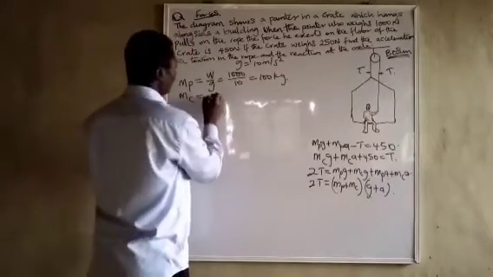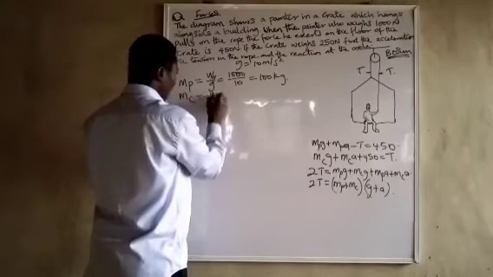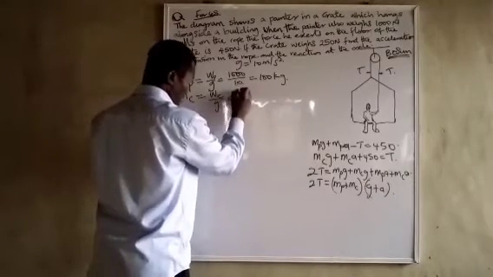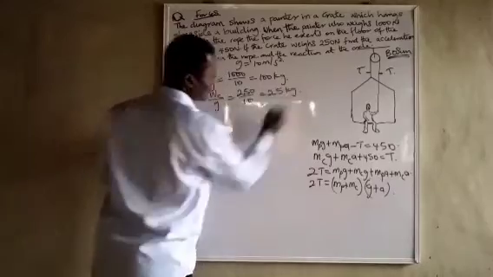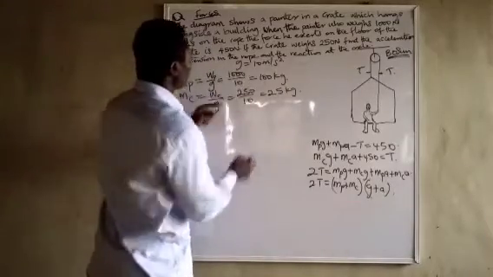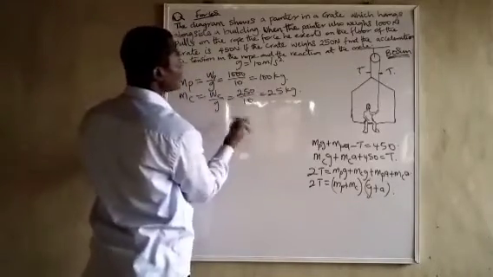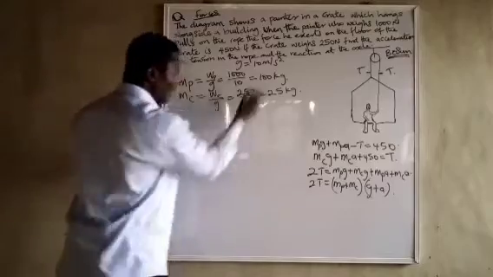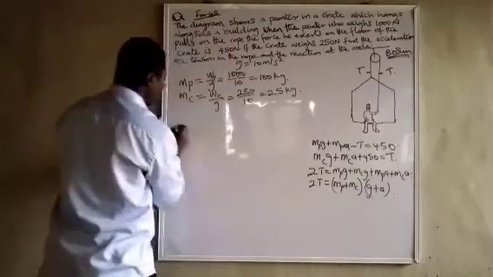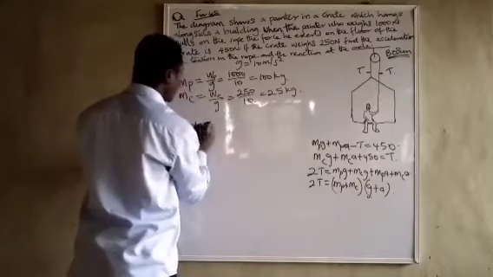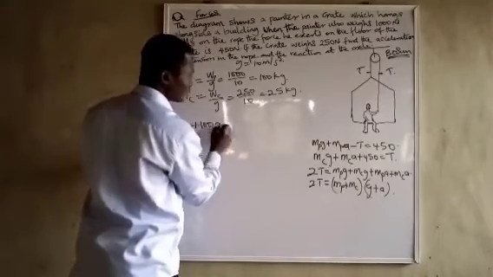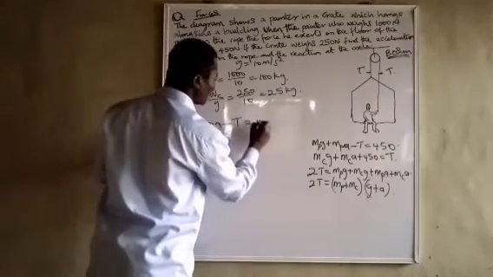MC is equal to WC over G, 250 over 10, and that's equal to 25 kg. And G, we have known what G is. So now let's substitute here. So MPG is 1000, and MPA, that is 100A, minus T is equal to 450.